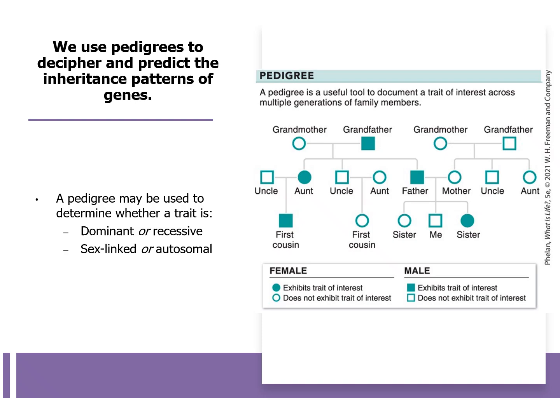And remember, we will combine those terms to where it is dominant sex-linked, dominant autosomal, recessive sex-linked, or recessive autosomal. Now, when we talk about these terms, sex-linked and autosomal, we are referring to the chromosome.